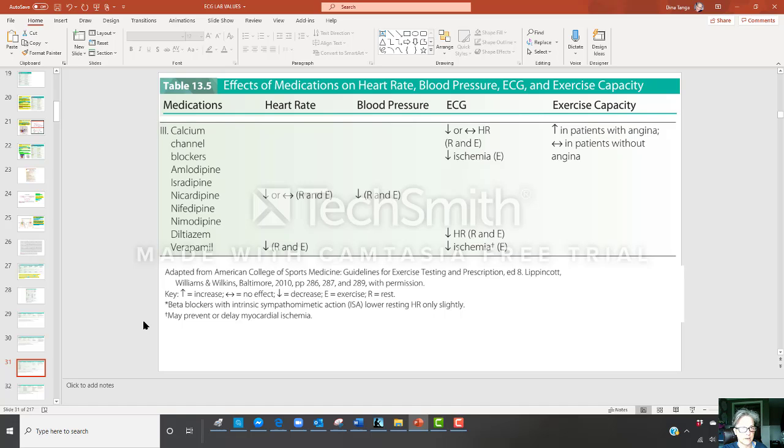Calcium channel blockers. Looks like nicardipine is going to decrease heart rate or not change at rest and with exercise. It's going to decrease blood pressure at rest and with exercise. Verapamil is going to decrease at rest and with exercise.